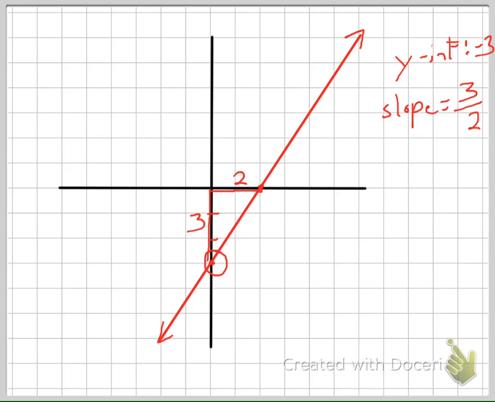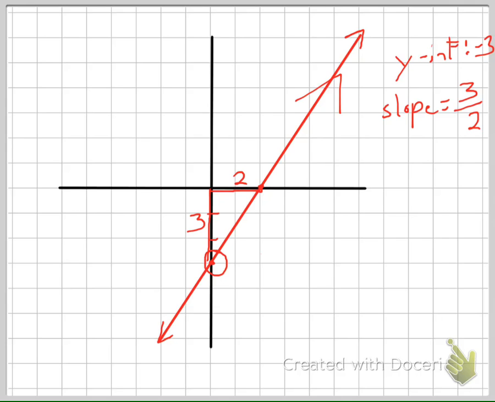Make sure you double check. This line does have a positive slope because it is going up and to the right as we go from left to right. And remember, we read from left to right, so if the line is going upward, then it's going to be a positive slope, whereas if it's going downward, it's going to be negative. So this does have a positive slope, so 3/2 is correct.